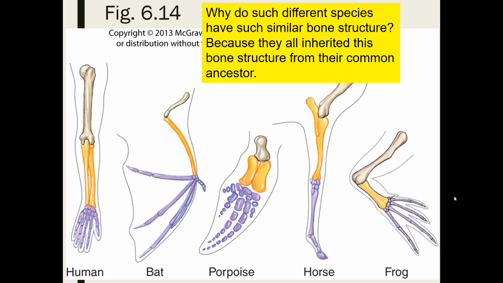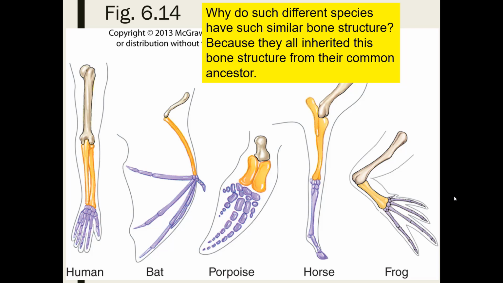They live in very different environments. They're very different species. They use their appendages in very different ways. But when you look at the underlying structure, they have the same underlying structure: one big bone, two smaller bones, some little wristy bones, and then some phalanges or some finger-like bones.